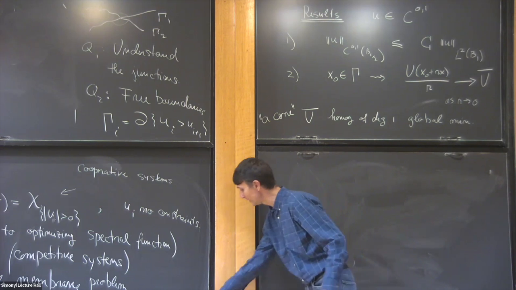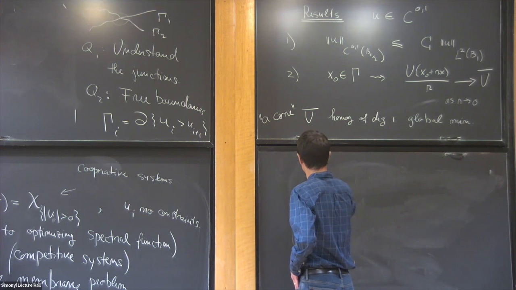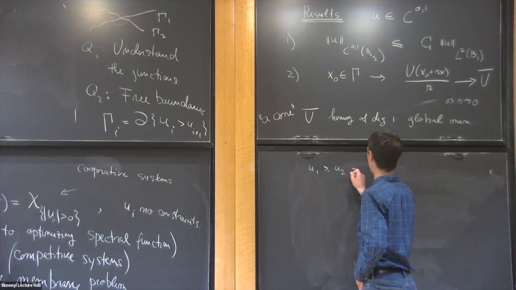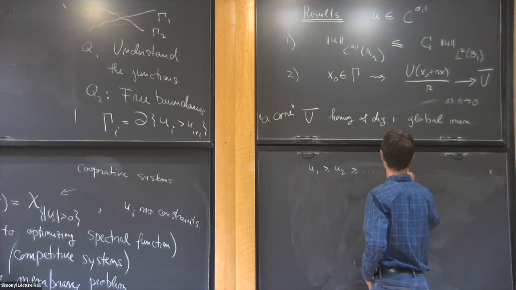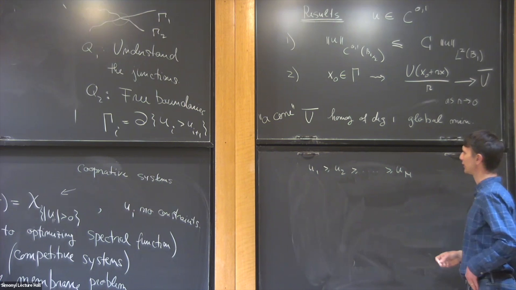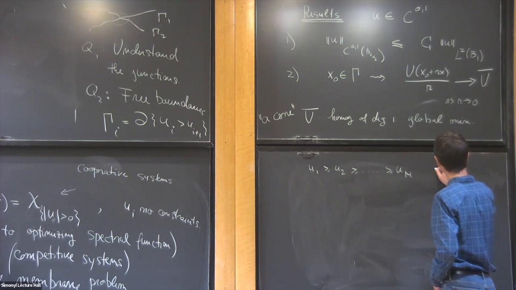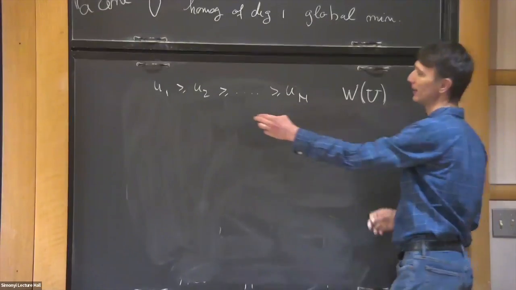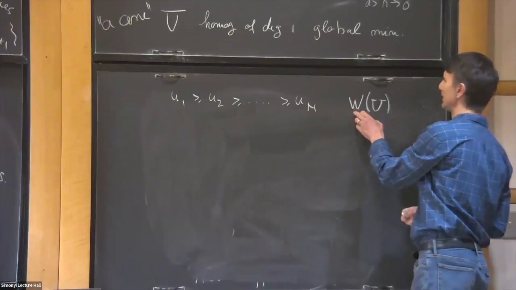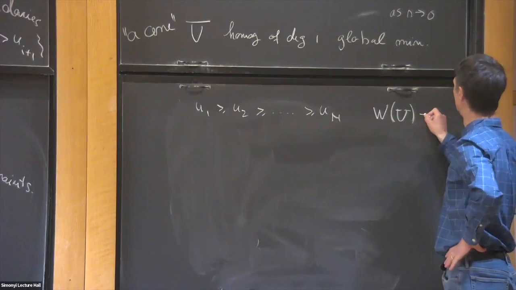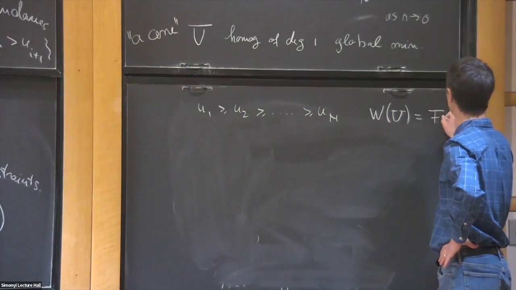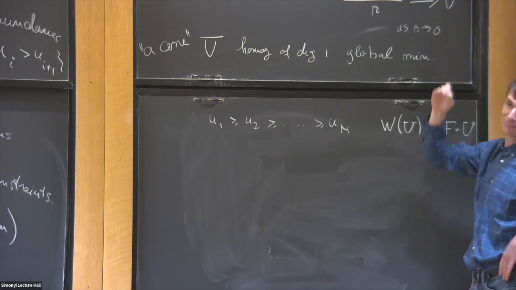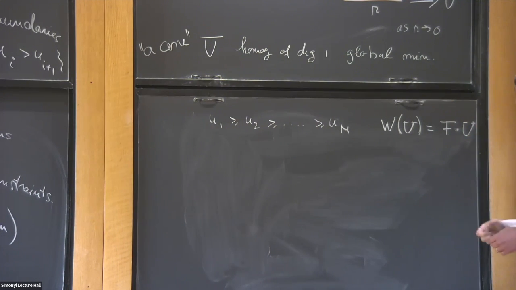You have exactly the same model, like n ordered membranes that cannot penetrate, but the potential term W of capital U, where U represents the vector made of these components, is W of U equal to F dot U. So it's linear in U rather than being constant, as in our case.